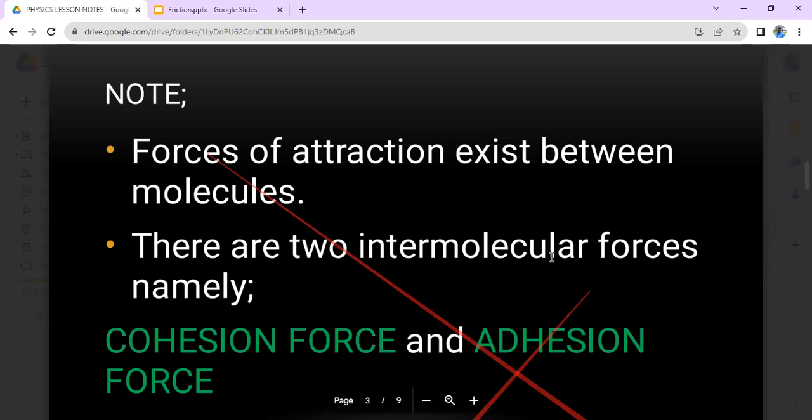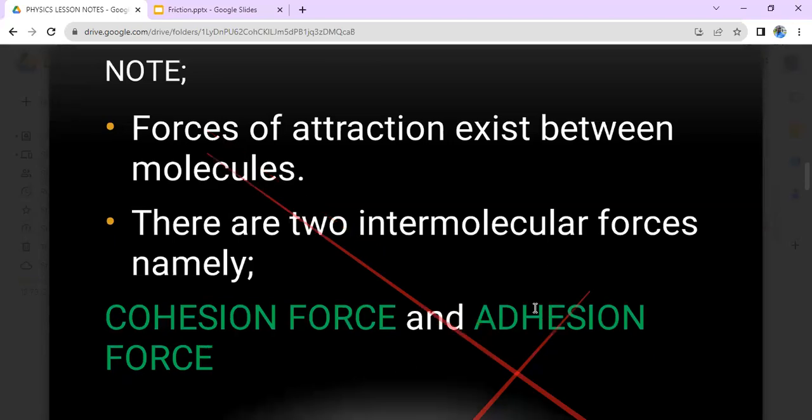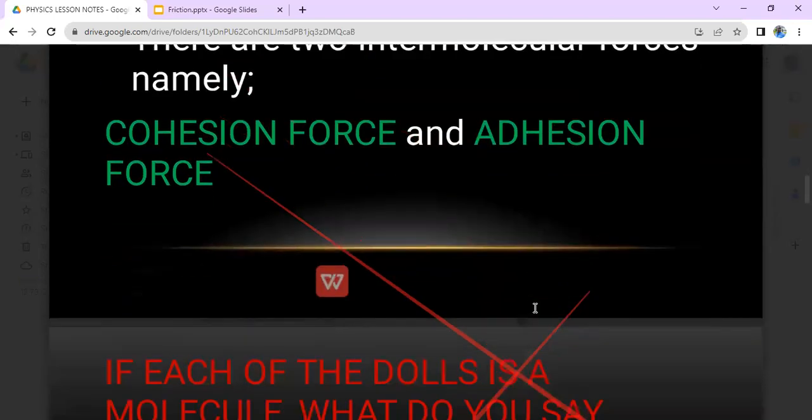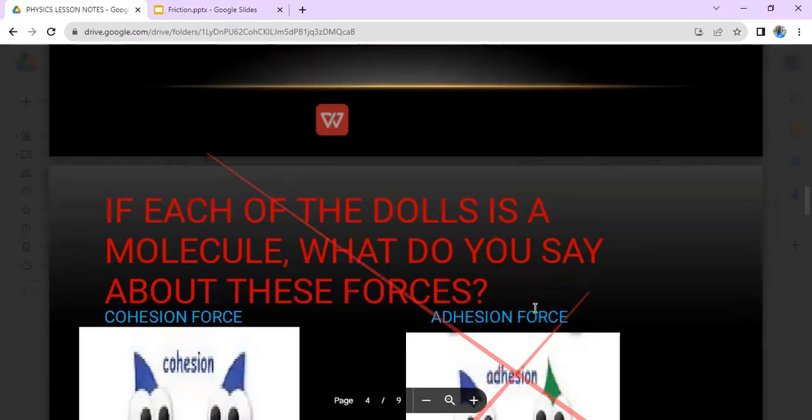So we have forces of attraction between molecules which are of the same type, and we also have forces of attraction between molecules of different types. In our books at school, we normally call them same kind or different kind. Now, these ones are either cohesion forces or adhesion forces. So we are going to look at what are these adhesion forces and what are these cohesion forces.